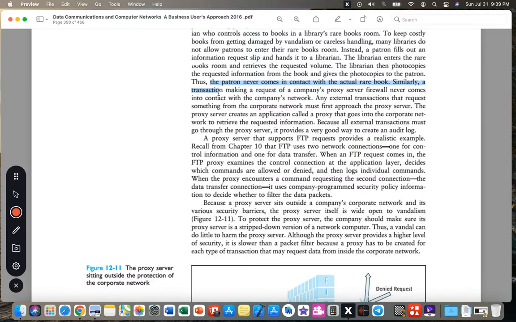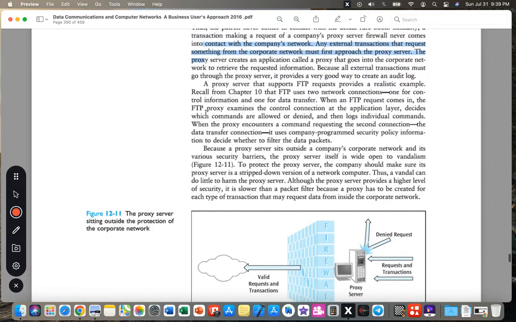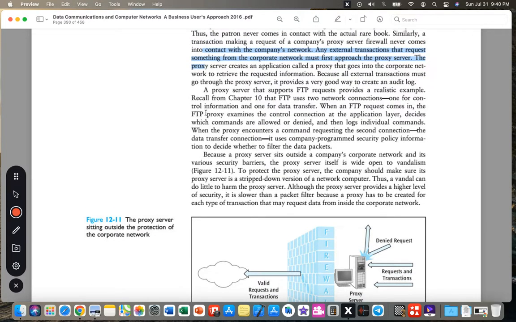Similarly, a transaction making a request to the company's proxy server firewall never comes into contact with the company's network. An external transaction that requests something from the corporate network must first approach the proxy server.